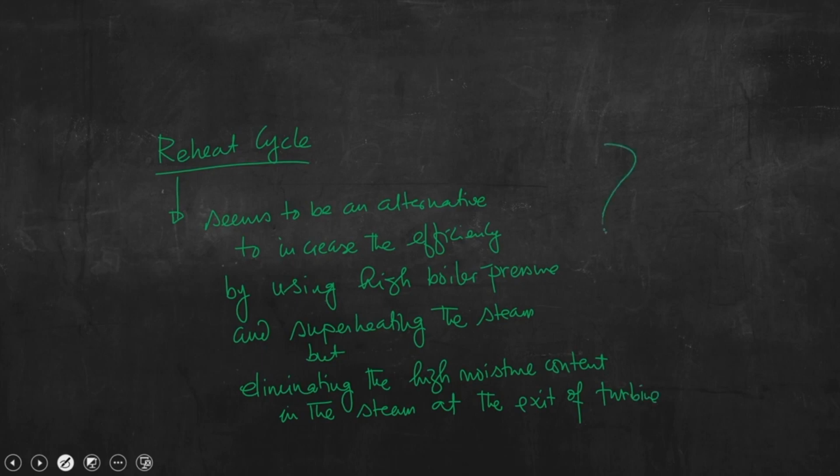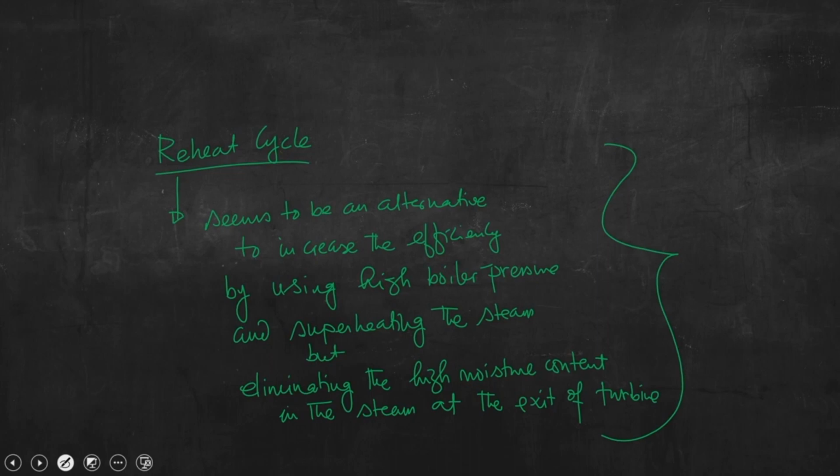This is very important, I have already written it, let me tell you. This cycle seems to be an alternative, and we will discuss it. We are claiming that this cycle will offer high thermal efficiency. If you would like to have it, we need high boiler pressure, that means the boiler should be operated at a higher pressure.